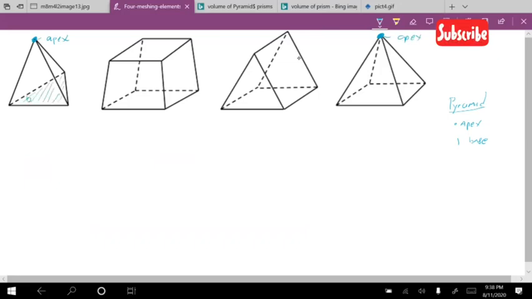So this is the base of the pyramid, and that's the base of this pyramid. The height of a pyramid normally has a right angle with the base. So that's the height, and this is the height.